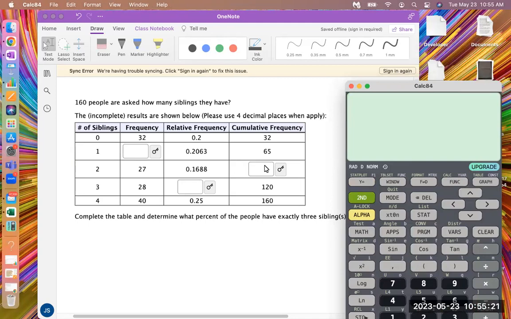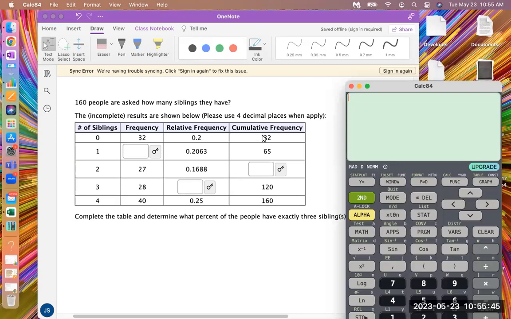Or another way of doing it is you look over at the last column here, and it says cumulative frequency, which means it's adding the number of people in that row. That's why under cumulative frequency it says 32, because it's just everybody who had 0 siblings.